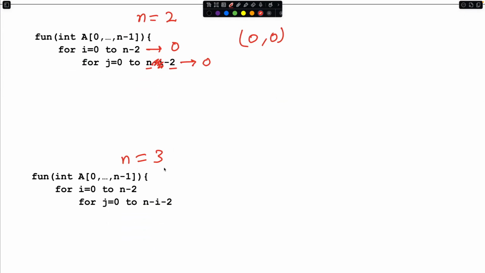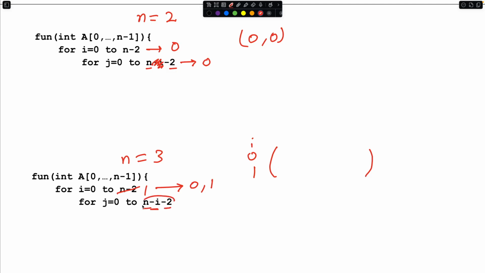Now if n is equal to 3, n minus 2 is going to become 1. So I is going to vary from 0 to 1, right? And j is going to vary from what, right? So j is dependent upon I. So let's write I over here as 0 and 1, and the values of j corresponding to these are going to be written here like this. Okay, so for I being 0, n minus 2 is 1, right?